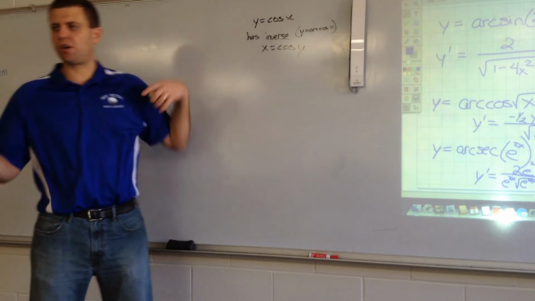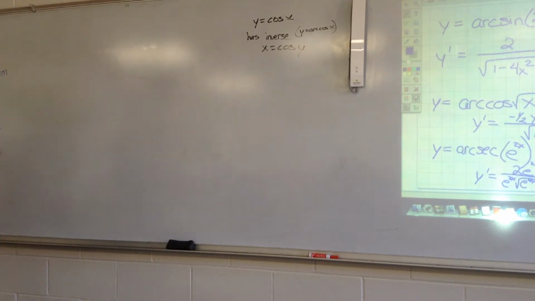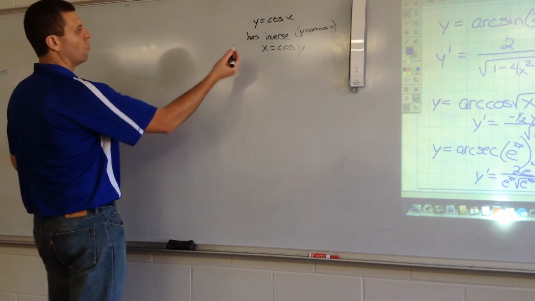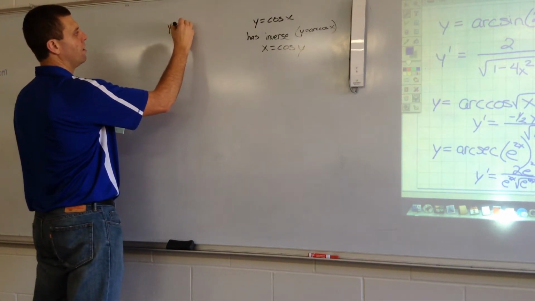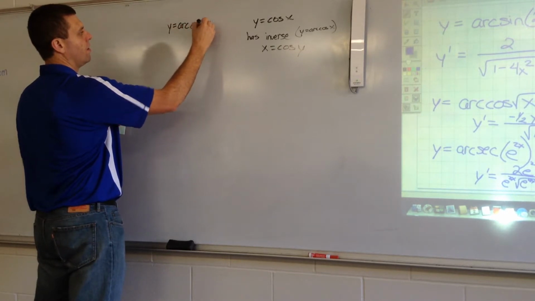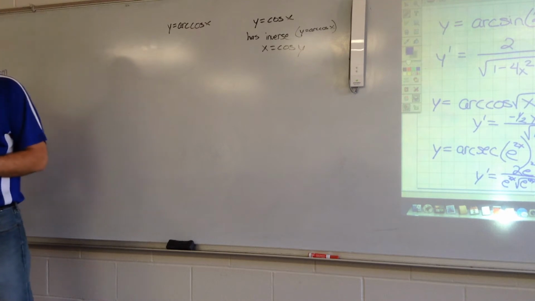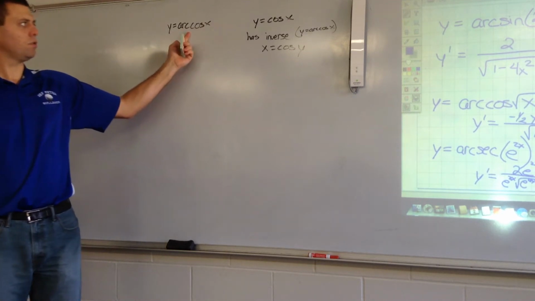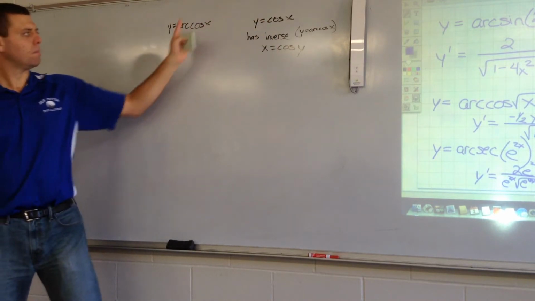Let's say we have just our regular cosine function, y equals cosine x. And we want to find the derivative of this function, y equals inverse cosine x. Well, you would agree this is the inverse of cosine, right? But so is this.